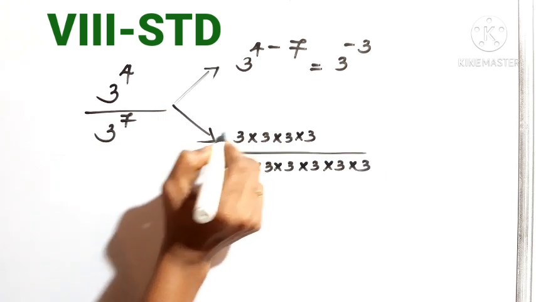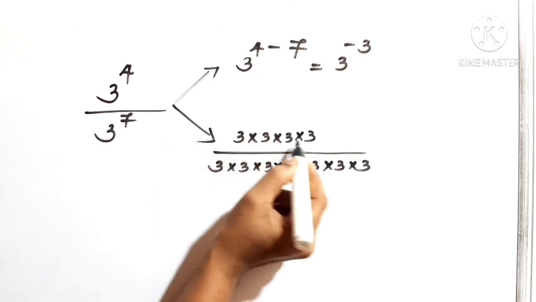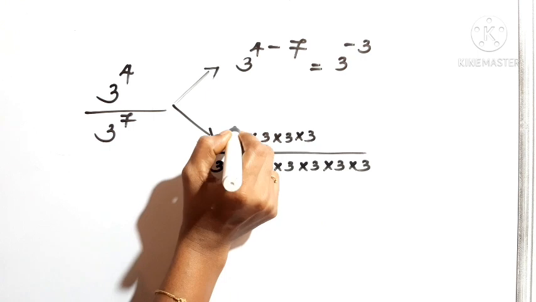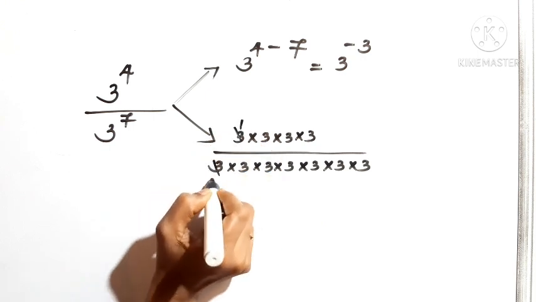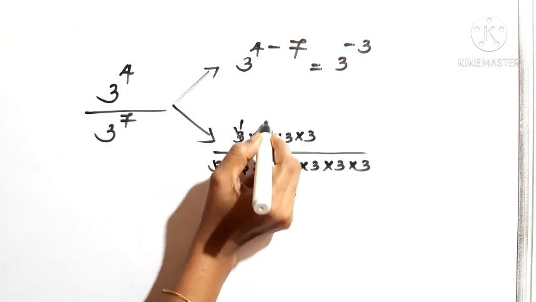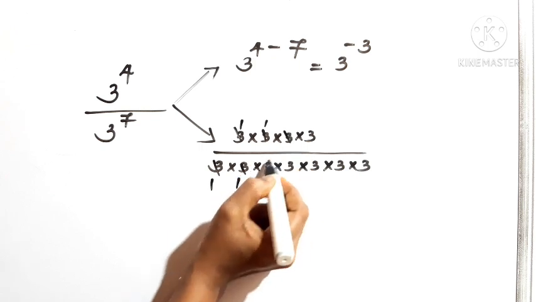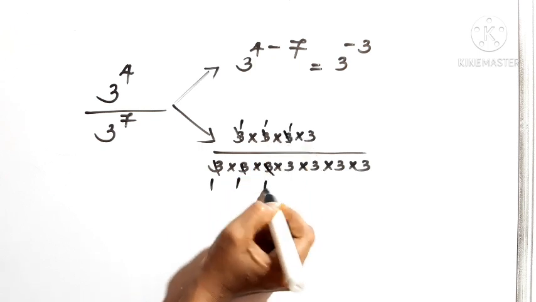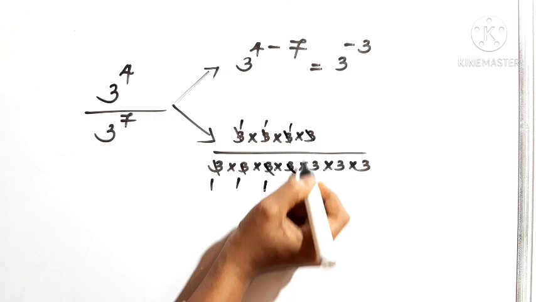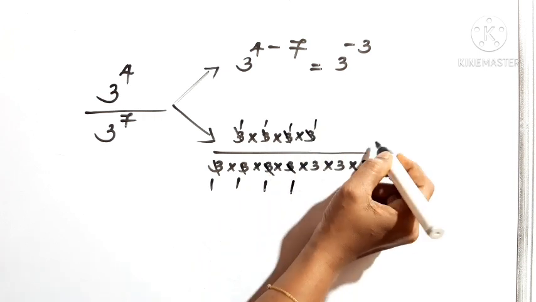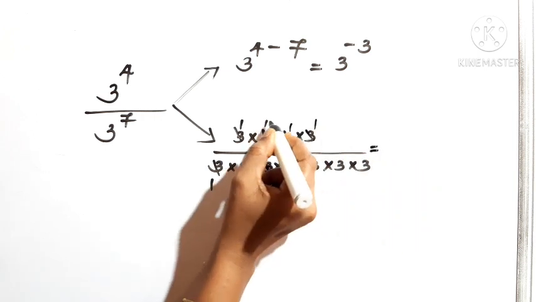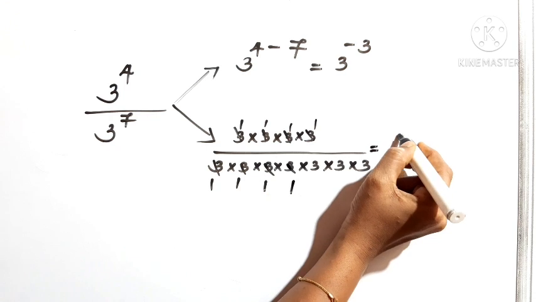Here we can cancel common factors from the numerator and the denominator. 3 by 3, 1 by 1, 3 by 3, 1 by 1, 3 by 3, 1 by 1, 3 by 3, 1 by 1, equals 1 into 1 into 1 into 1, answer becomes 1.